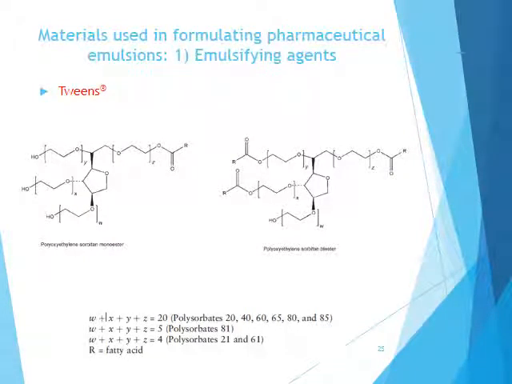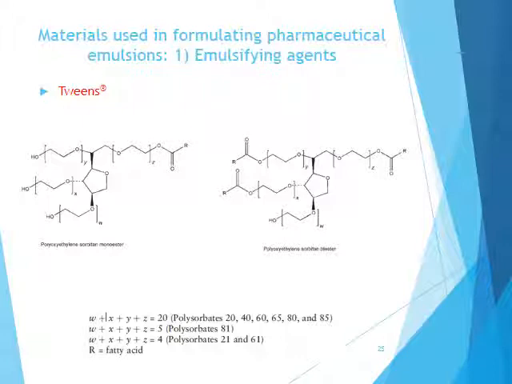So on this slide we have tweens. As you can see here, in the structure of the tweens we have the sorbitan moiety, and then there is a fatty acid moiety connected to the right side of the structure, and then the polyoxyethylene moieties attached to the sorbitan on the left side.